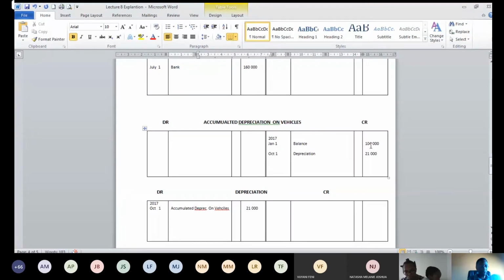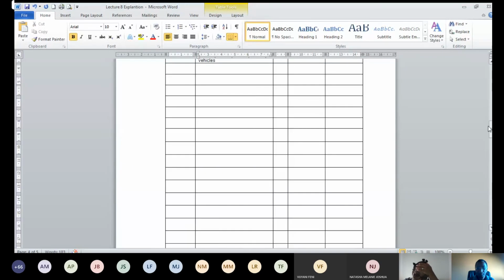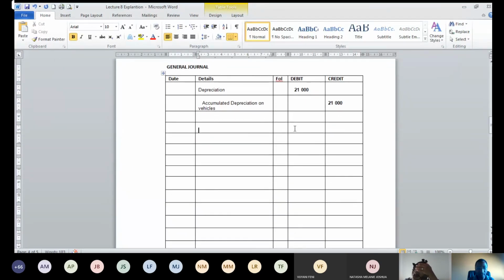Remember, in your ledger account for accumulated depreciation, this is the accumulated depreciation on all our vehicles. So if we are selling one of our vehicles, we will have to decrease accumulated depreciation because we don't have that vehicle anymore. So in your journal entry, you will debit your account accumulated depreciation on vehicles.